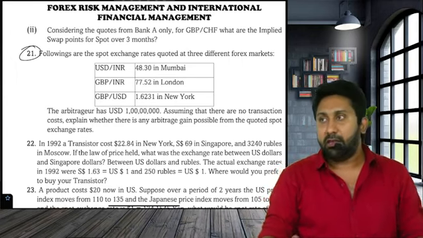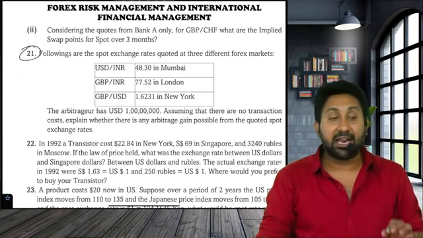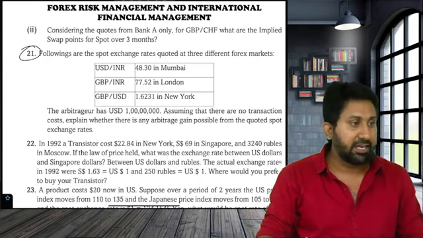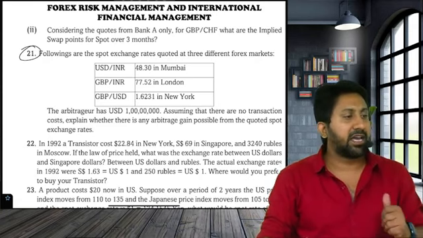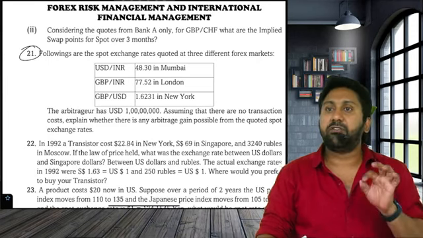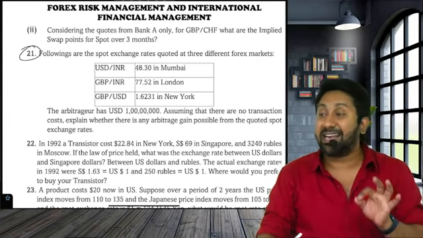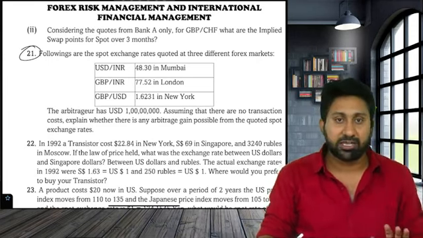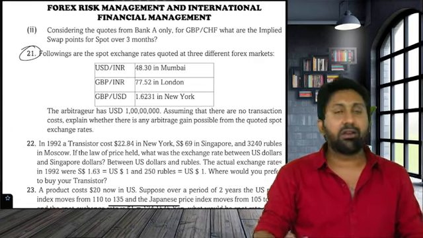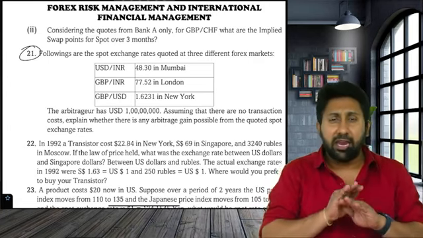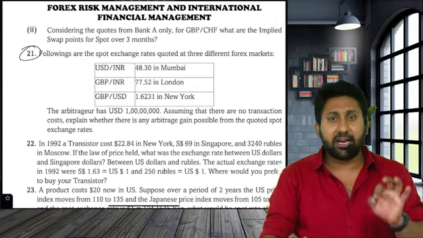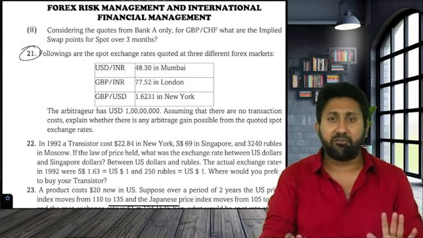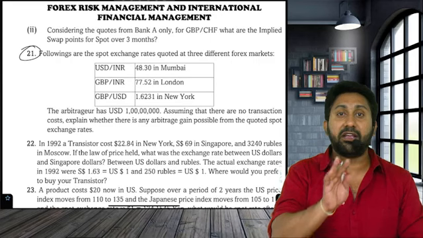We have a concept called currency arbitrage. What is currency arbitrage? Arbitrage means riskless gain. Without taking any kind of risk, directly by buying and selling, we get a profit.